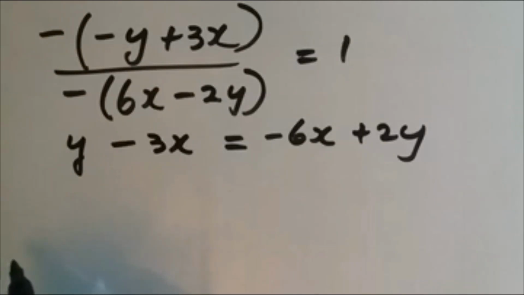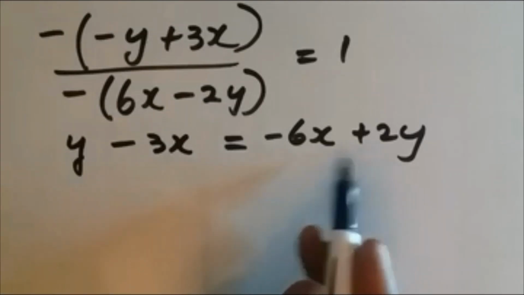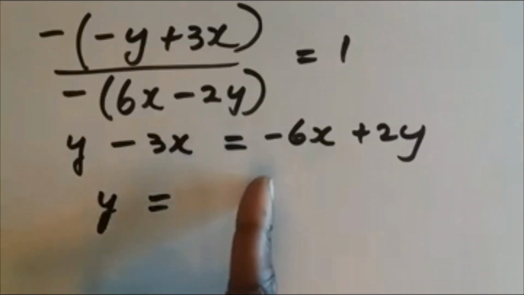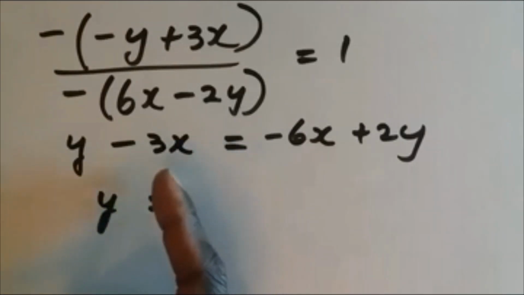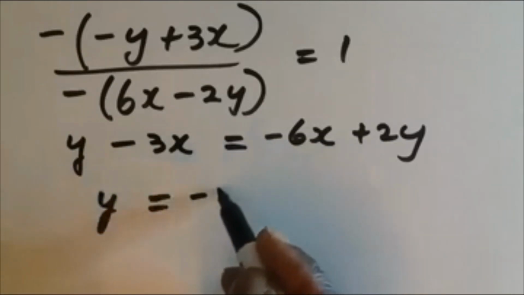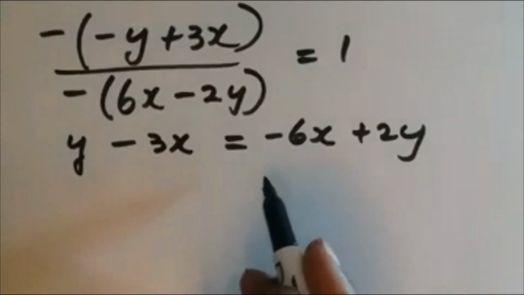We'll rearrange this. If we add minus y to both sides and swap sides, we'll have 2y, take away y, which will give us y on this side. Sorry, that was a mistake.